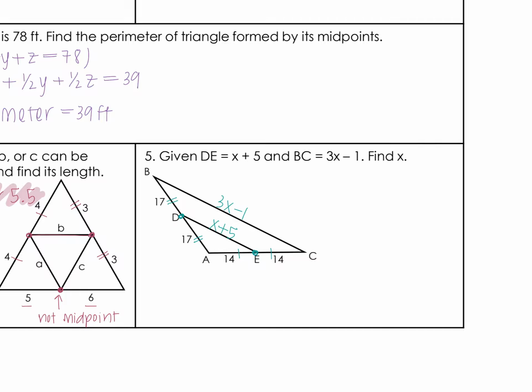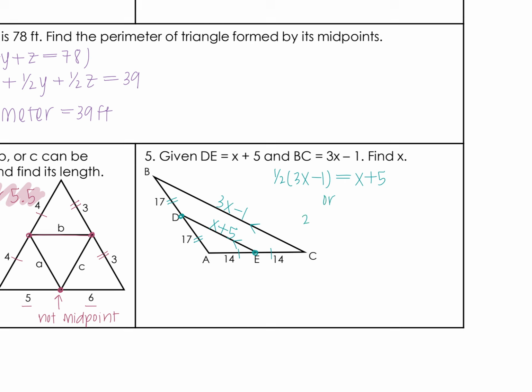So that means that this line DE is going to be parallel to BC, and it should be half of BC. Well, instead of taking half of that, I'm going to actually just double my mid-segment.